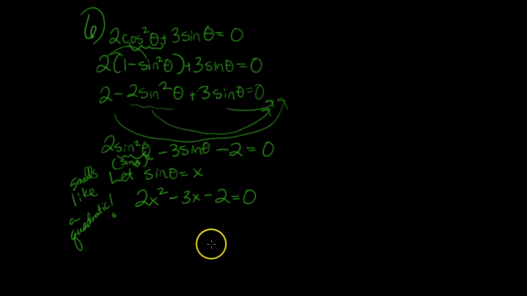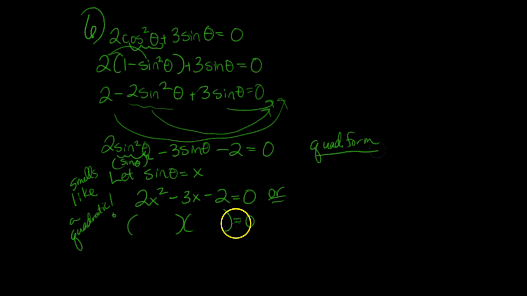So remember how you solve quadratics? How can you solve them? Can you factor this? Maybe. Maybe it's factorable. Or what's the other way to do it? Quadratic formula? So you can always use the quadratic formula. I think I might show you guys both ways.